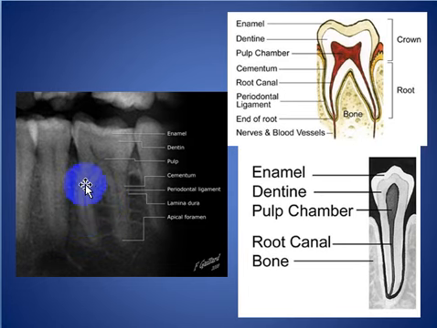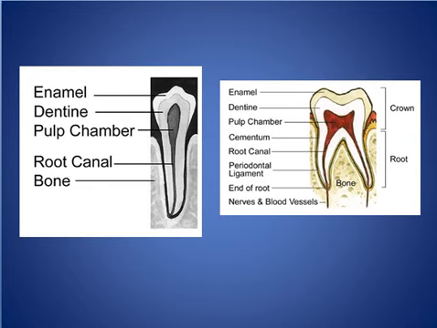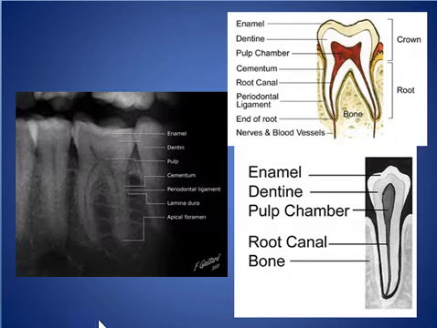And the root canal is surrounded by a radiopaque area called cementum. It is thin, calcified, covering the root, and it meets the enamel at the neck of the tooth, and has no nerve supply.